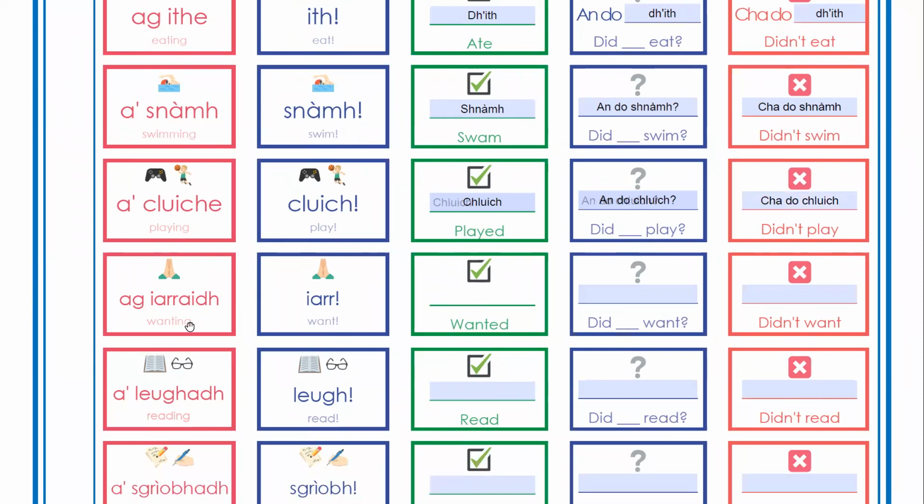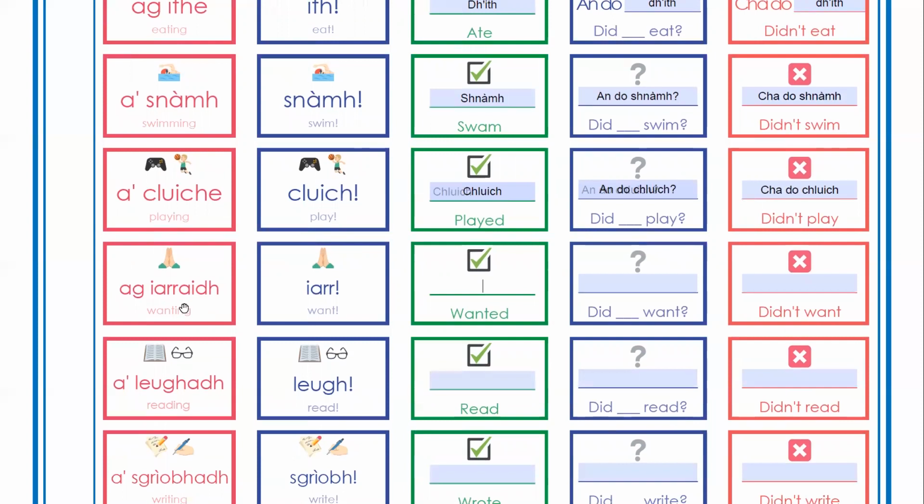Wanting. What are you wanting? So the root form of that, and to use that, it would be eid.